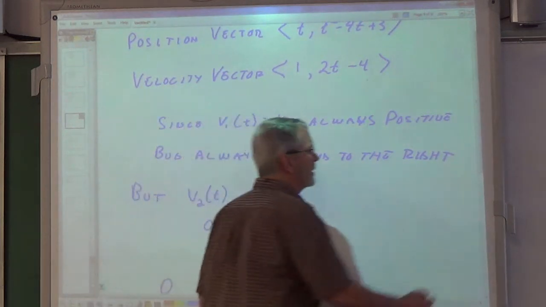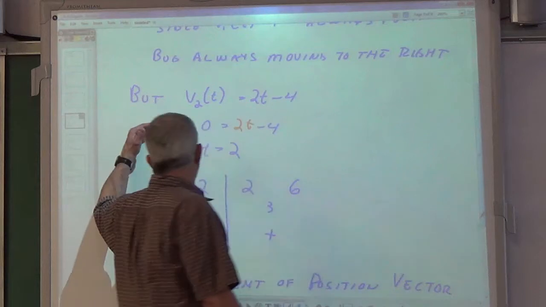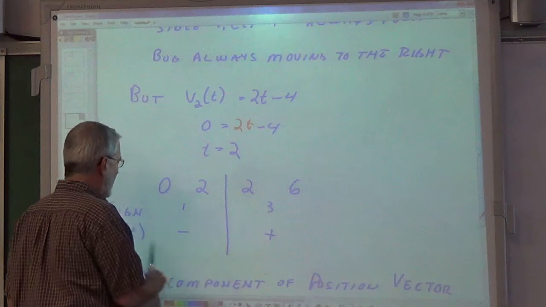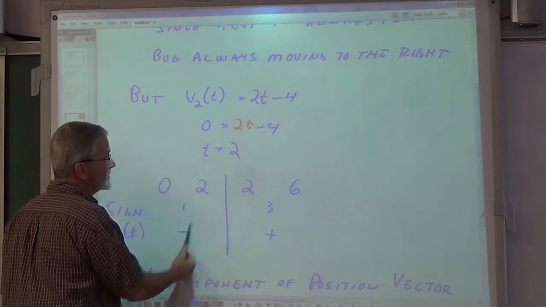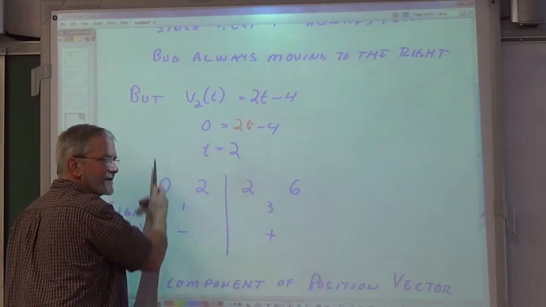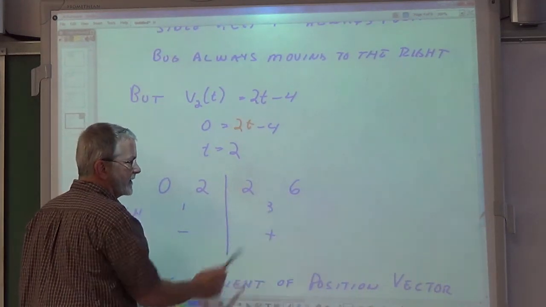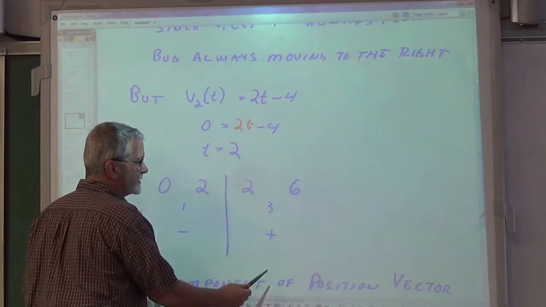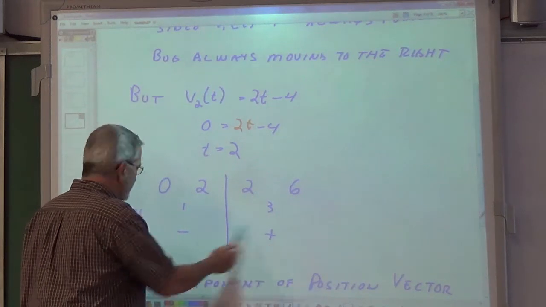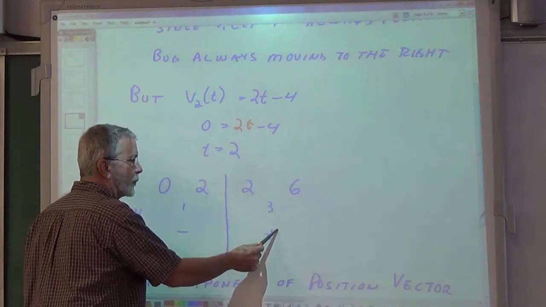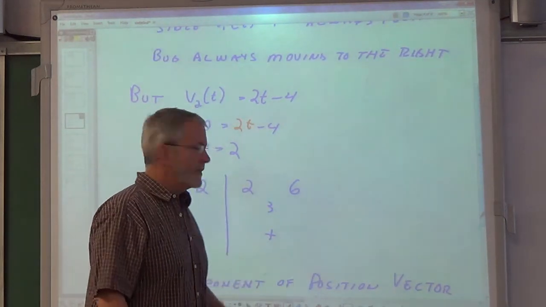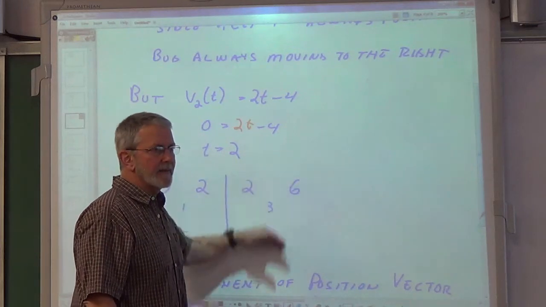I do a little sign chart, considering just the y coordinate and only from 0 to 6. From 0 to 2 I put in my test value of 1, and that's negative. That means the y coordinate is decreasing. Then if I put my test value from 2 to 6, I'm just doing the increasing-decreasing test, which we are familiar with. The second component, y prime of t, is positive, that means the y is increasing. And that's exactly what happened.